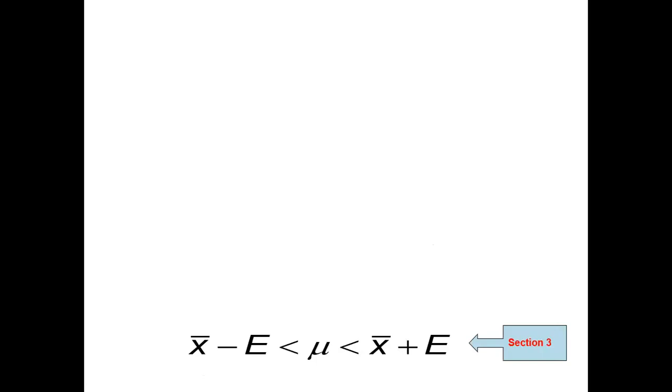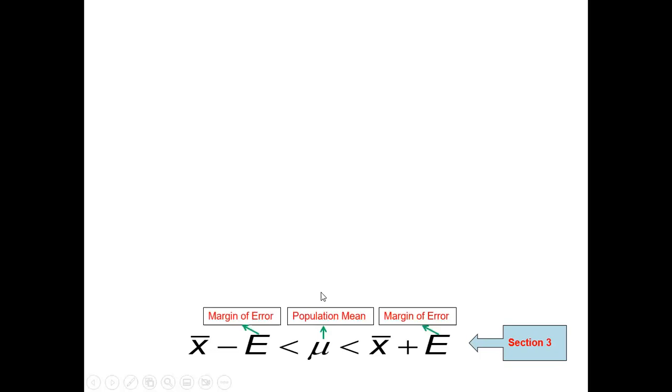What I will do henceforth is to illustrate that this single line formula encapsulates everything we'll be doing from section 1 all the way to section 3, essentially 2/3 of the course. Okay, so stated simply, this is the population mean, and the E is the margin of error, and x bar is your sample mean.